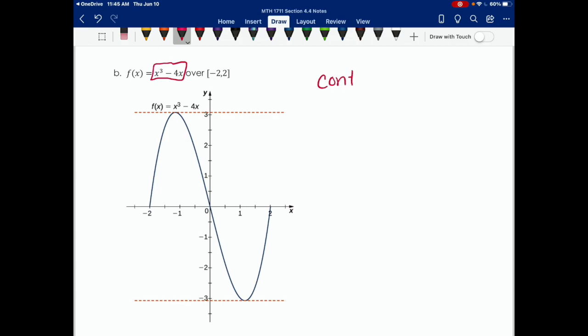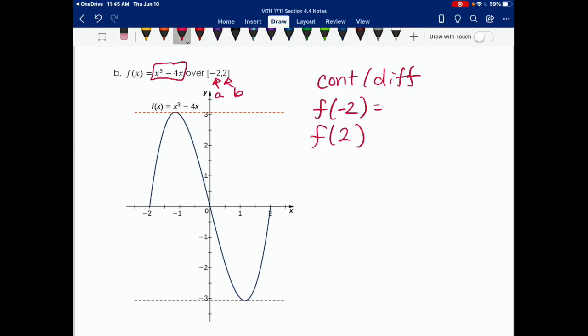So we're going to do the same thing. This is a polynomial, x to the third minus 4x, so I know it's continuous and differentiable. All polynomials are continuous and differentiable over the reals, so they would of course be continuous and differentiable over a smaller interval. We want to make sure that our endpoints have the same y value, so we're going to find f of -2, and we're going to find f of 2.